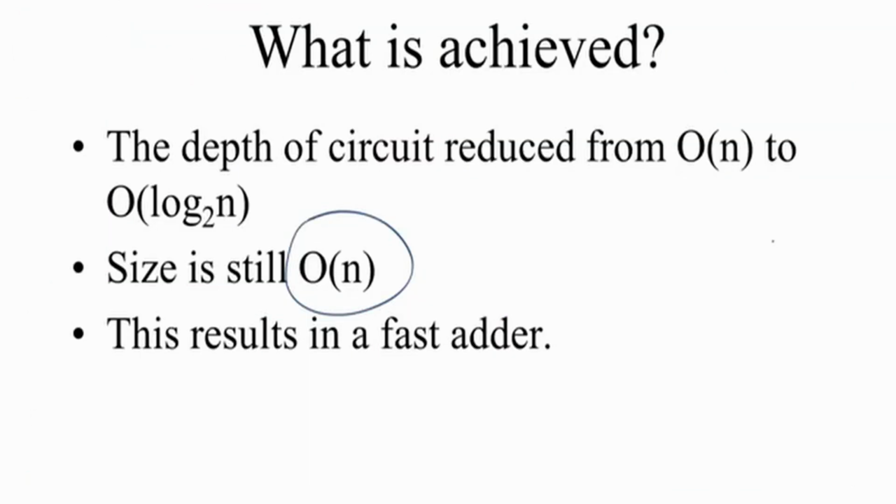so first stage I have n, I remove 1, second stage I remove 2, third stage I remove 4. So now if we could compute this sigma, this will be n into log n minus 1 plus 2 plus 4 plus till n.